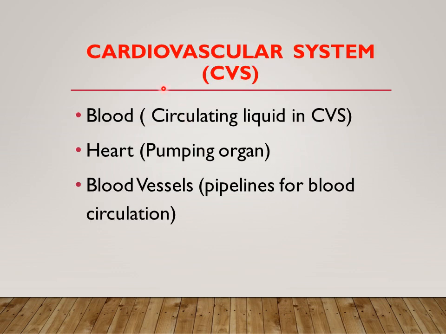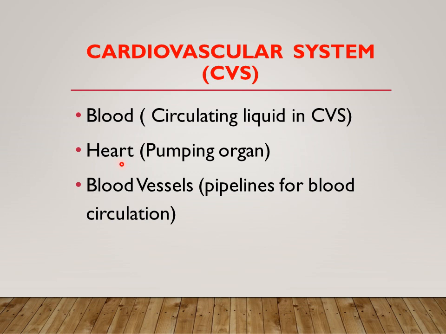If we talk about the cardiovascular system, you know that it is composed of a very important circulating material, which is a liquid present in this circulation, that is blood. And to pump it out, there is a muscular organ, which is a pumping organ, that is called heart.